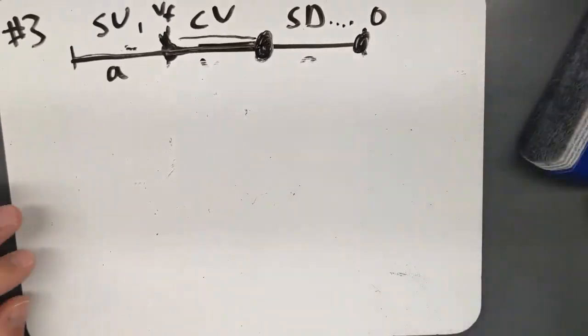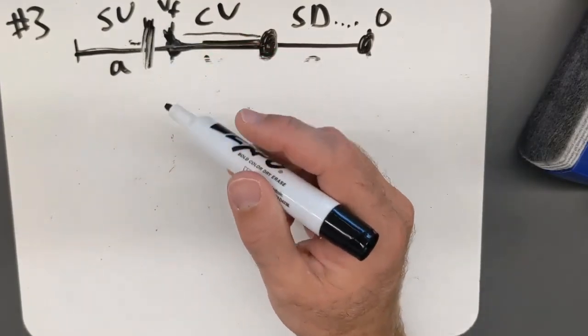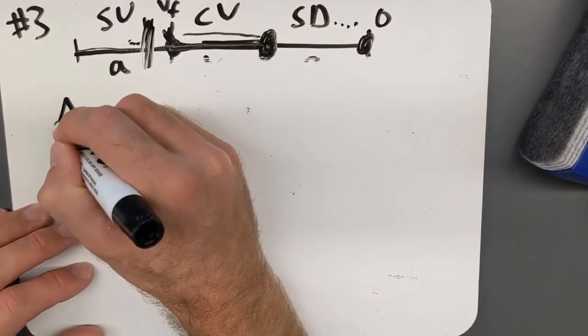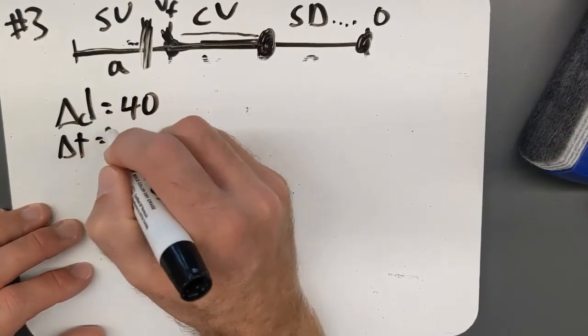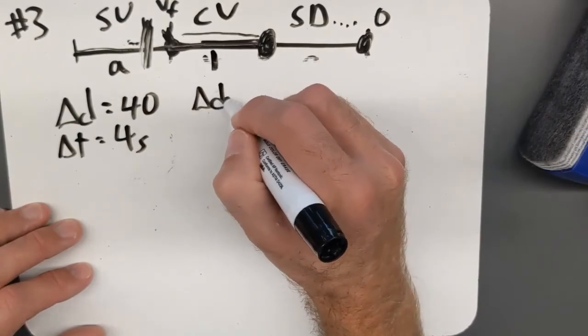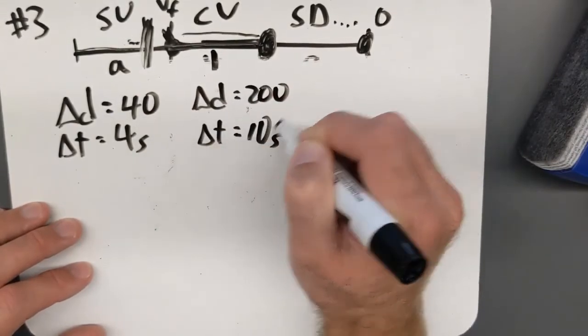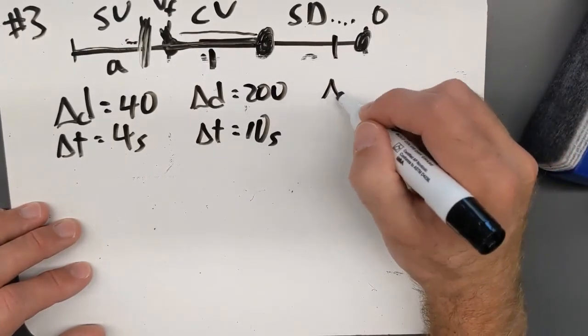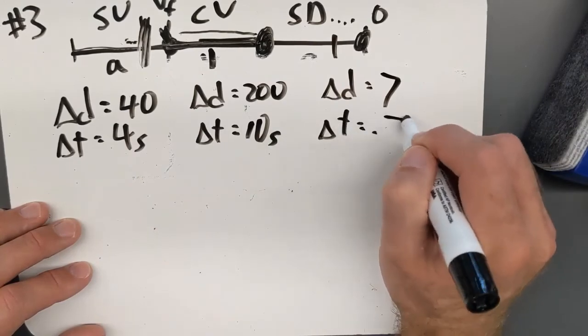So I know for the first part, I figured out a distance of 40, a time of 4 seconds. For this part, I solved a distance of 200, a time of 10 seconds. And for this part, it was a distance of only 7 and a time of only 0.7.